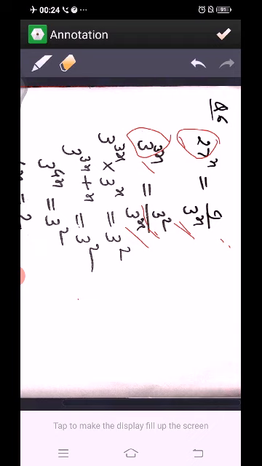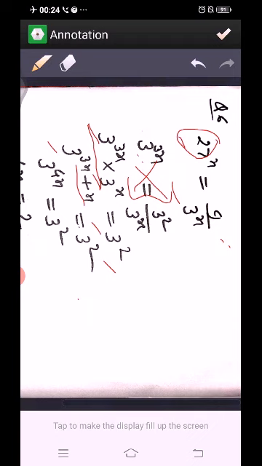Let us do this cross multiplication. So we can see that 3 power 3x into 3 power x is equal to 3 square. Here product is given, powers will be added. 3 power 3x plus x, that is equal to 3 power 4x.